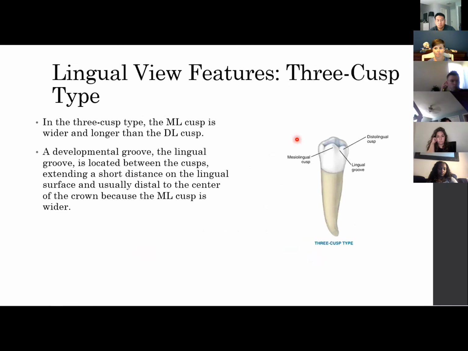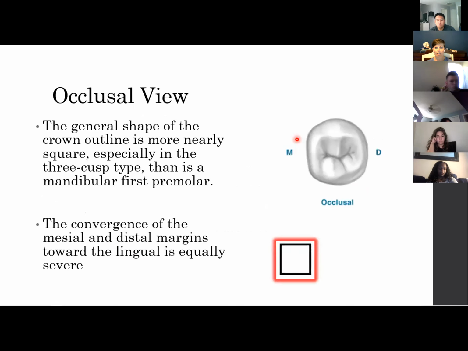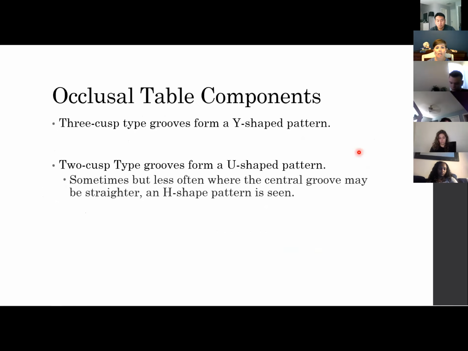Okay, this is just the two cusp, because here this doesn't go all the way across. The convergence of the mesial and distal margins toward the lingual is equally severe. So the margins are kind of equal. Everything is square. When square, it's equal, right?